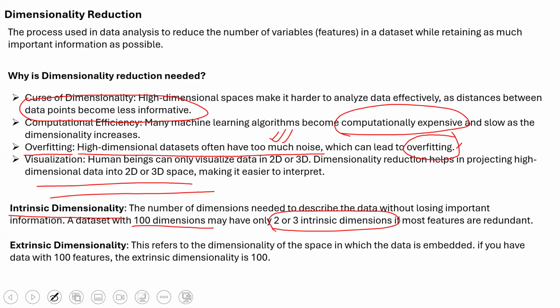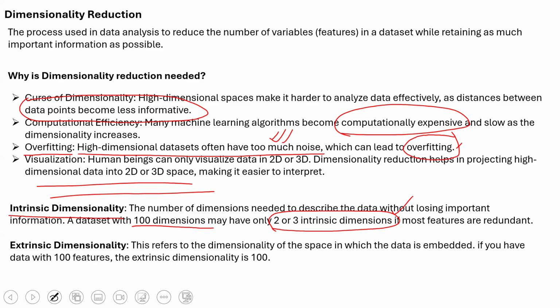What is a label? Label is the output derived by the model when you feed the features to that model. The dimensions which carry useful information are called intrinsic dimensions, without losing information.